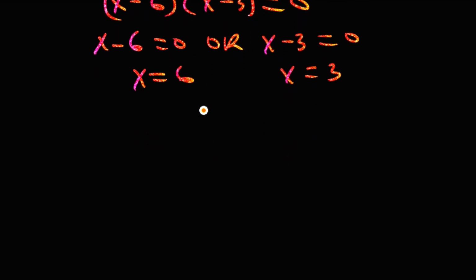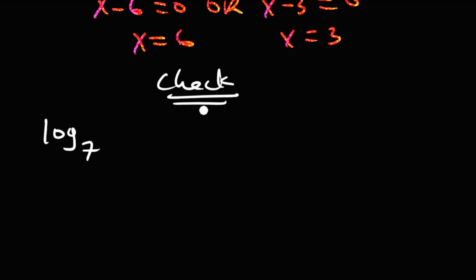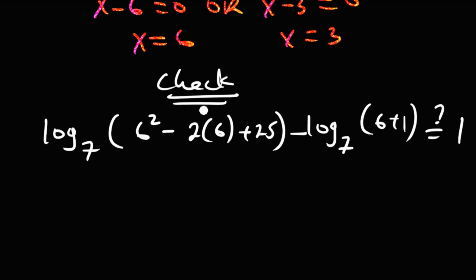Now let us check if these solutions are true. Let us start with 6. We substitute: log to base 7 of (6 squared minus 2 times 6 plus 25) minus log to base 7 of (6 plus 1), and if that is true, the result should be equal to 1.